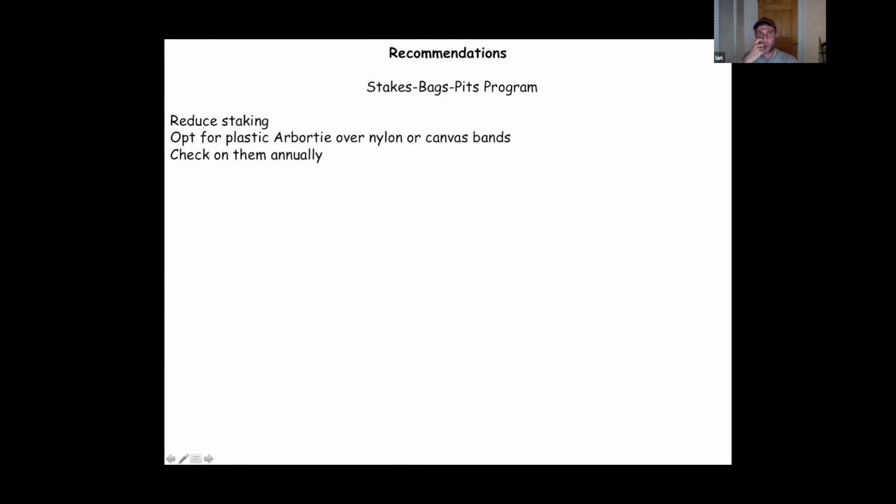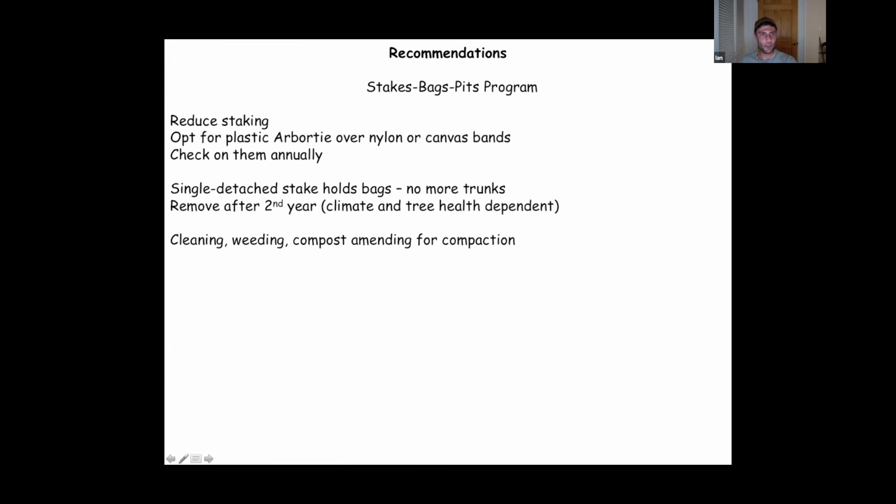Yep. So Cambridge is doing a lot of things really well. So I just felt like, based on my observations walking around, and I kind of alluded to this in prior classes, that I think staking is a problem.